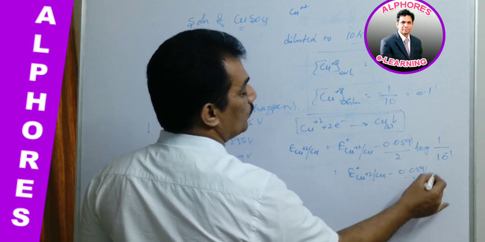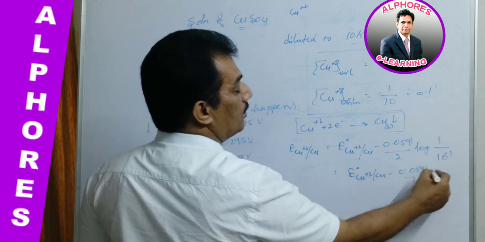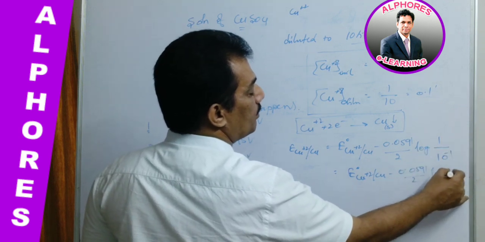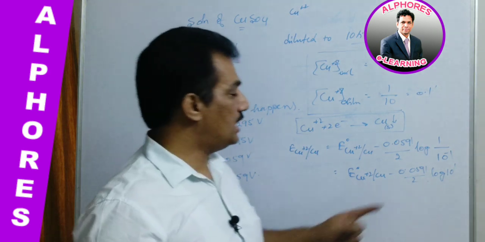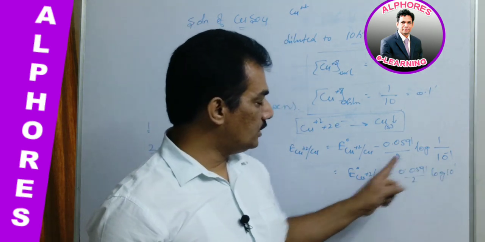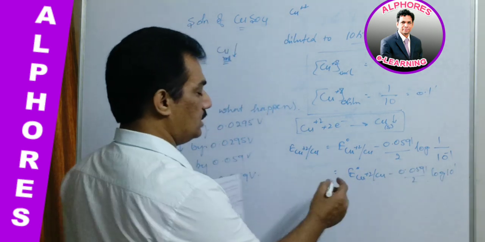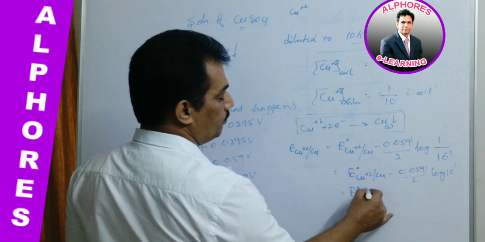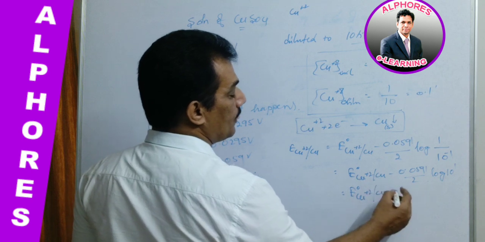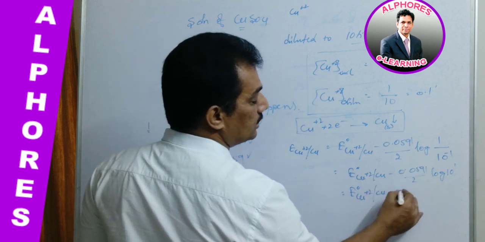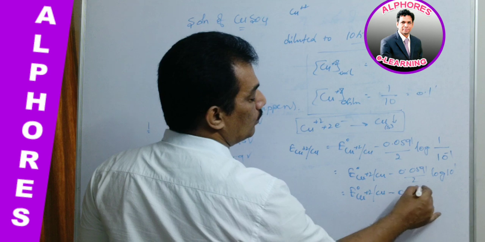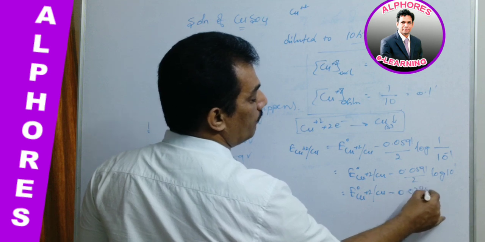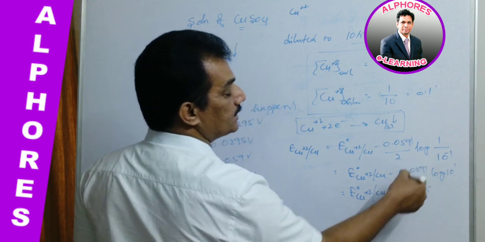0.0591 by 2 log 10 to the power 1. And as we know, 1 plus into minus minus, so it is nothing but E naught Cu+2 to Cu minus 0.0295 after cancelling.